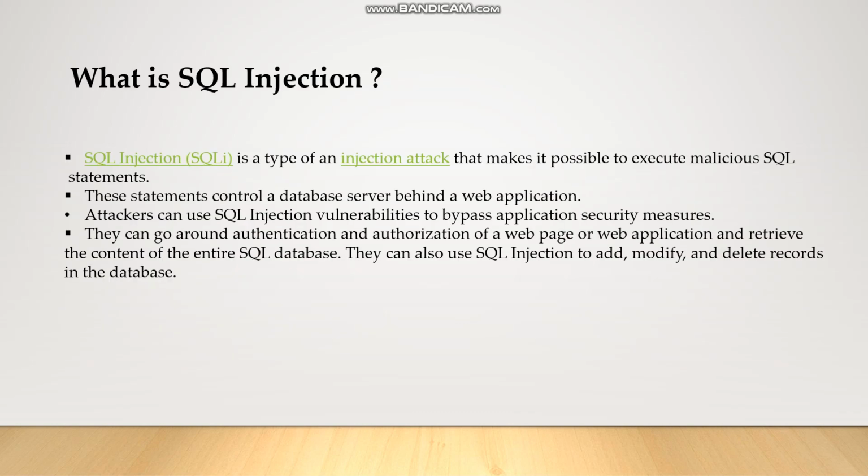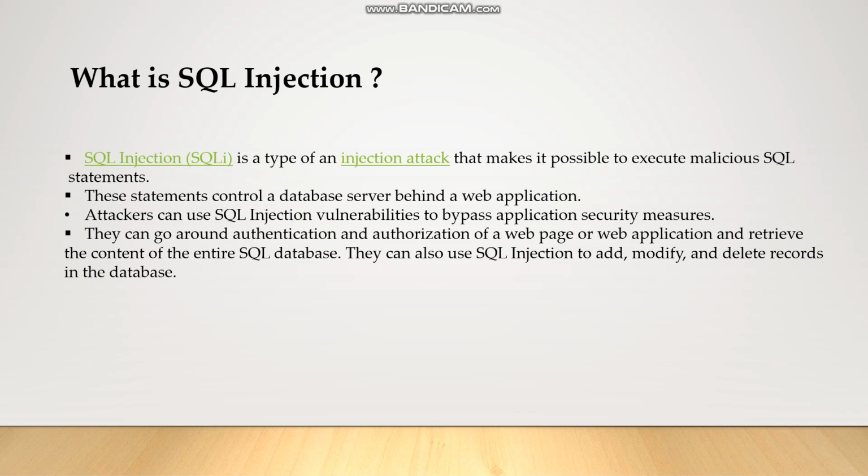First we are understanding SQL injection. SQL injection is basically an injection attack where malicious SQL statements are written, and attackers are able to understand the queries, find them out and manipulate them so that the injection takes place. These statements control a database server behind the application.